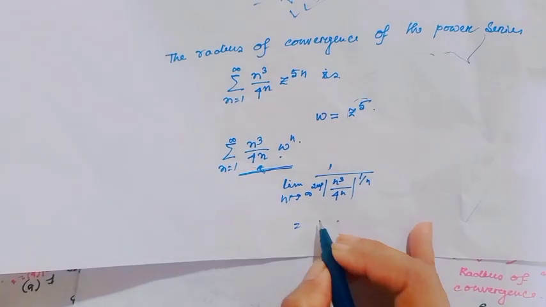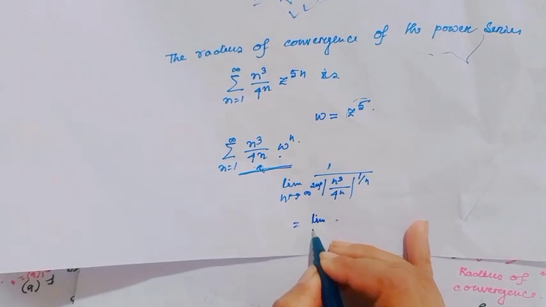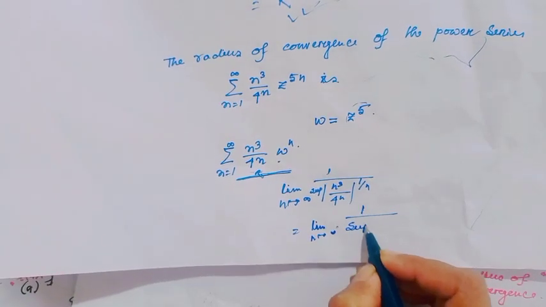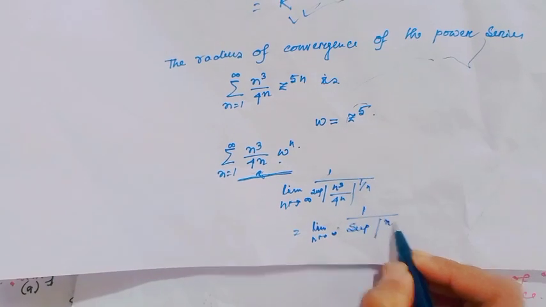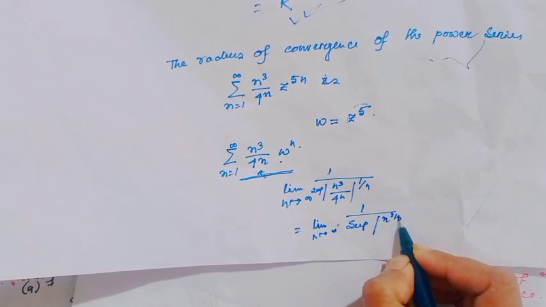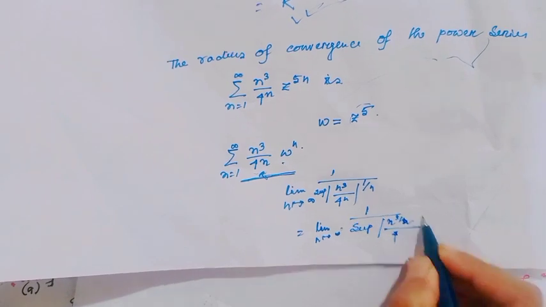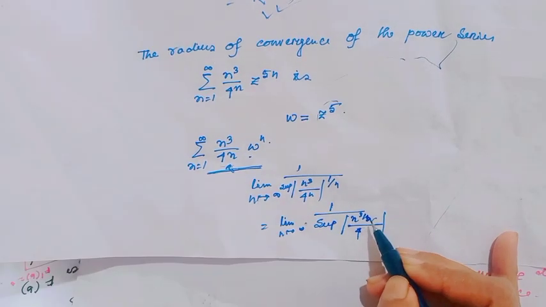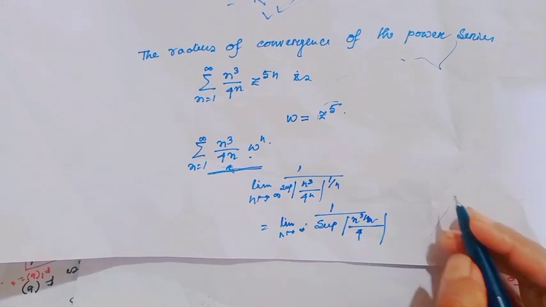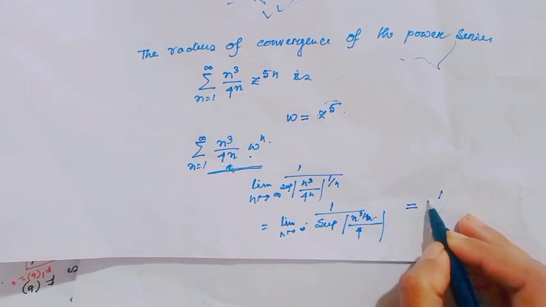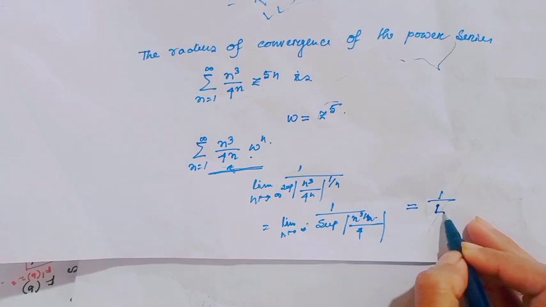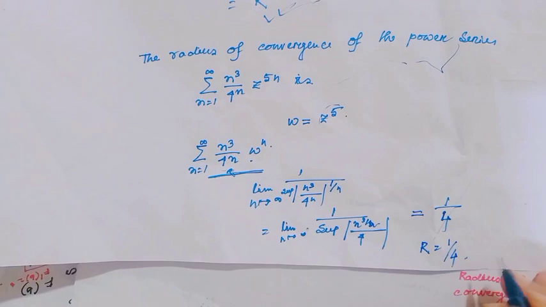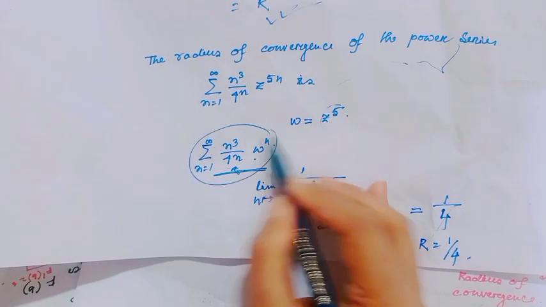Then this value would be limit n tends to infinity 1 over supremum of n to the power 3 over n over 4, and the limiting value of n to the power 3 over n is 1. So this is 1 over 4. Therefore, r equals 1 over 4. This is the radius of convergence of this power series.